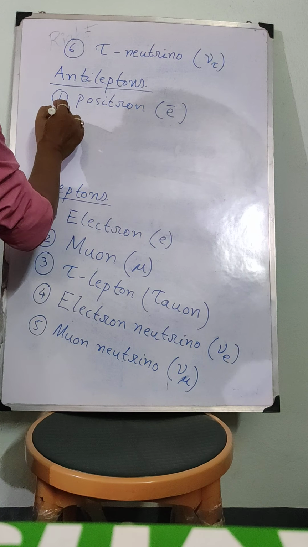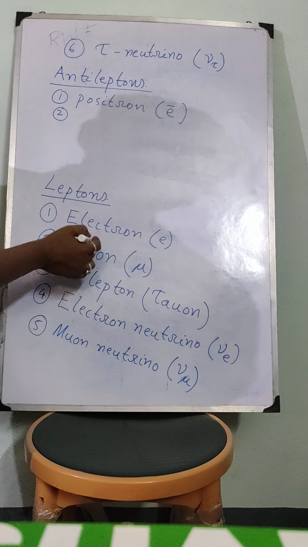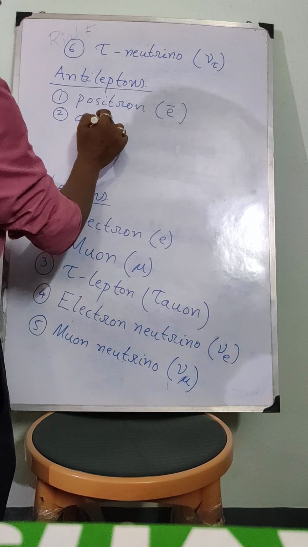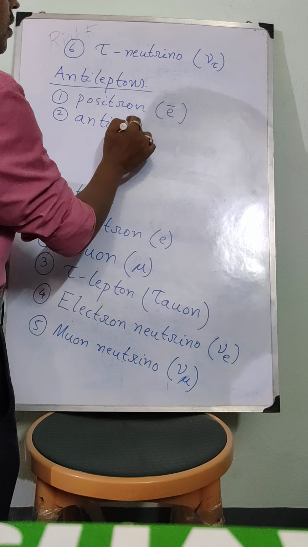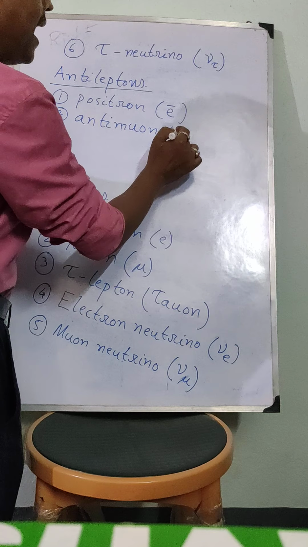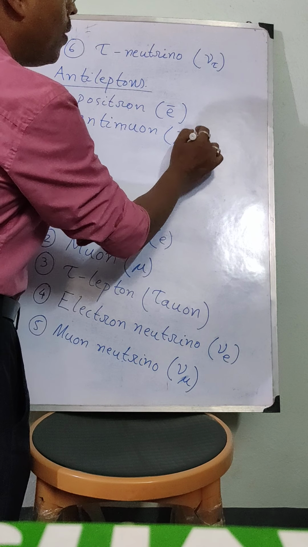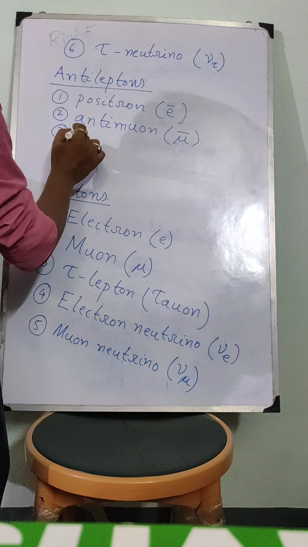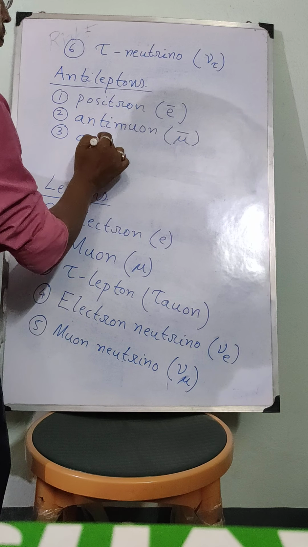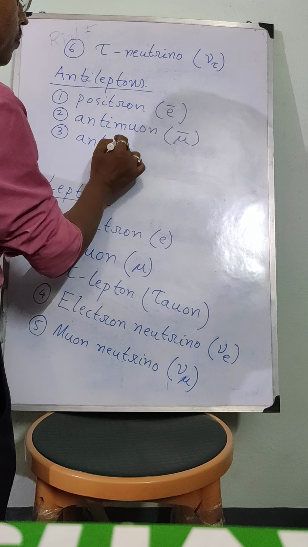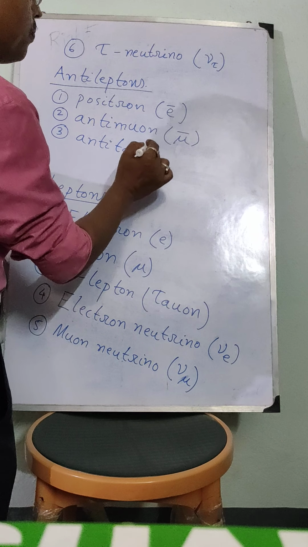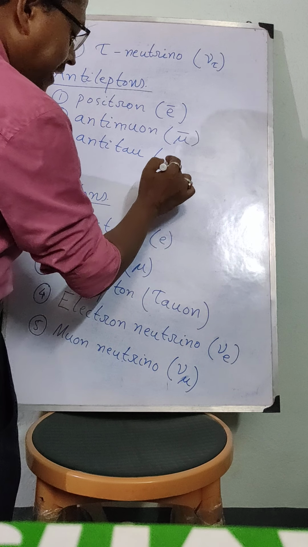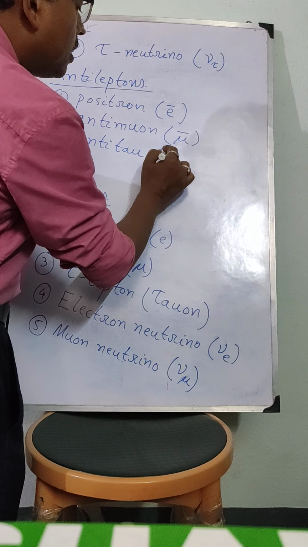Okay, similarly we have antimuon, and it is denoted by mu bar. Then we have anti-tau lepton, denoted by tau bar.